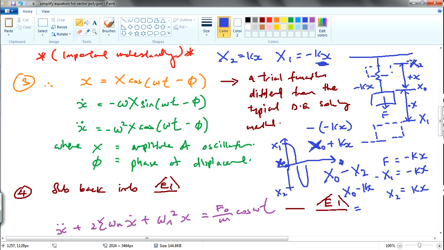My math may be wrong over here, the equations may be wrong, but I hope the concept is being conveyed well. In this case you can see that the forces and the position are somewhat related, somewhat proportional.